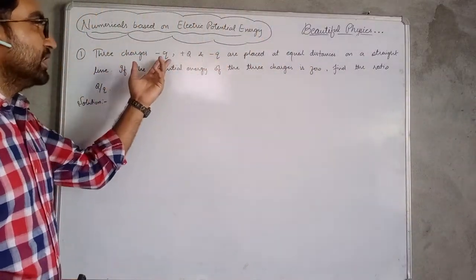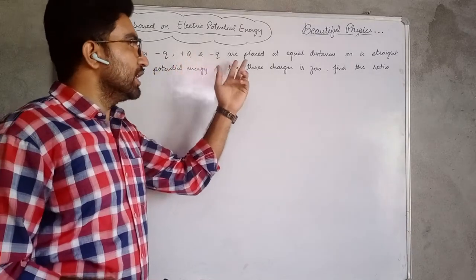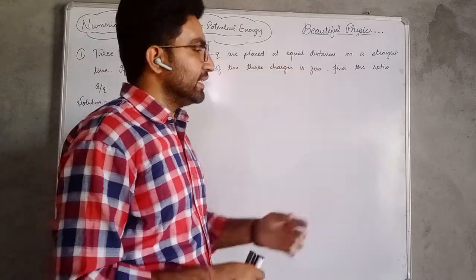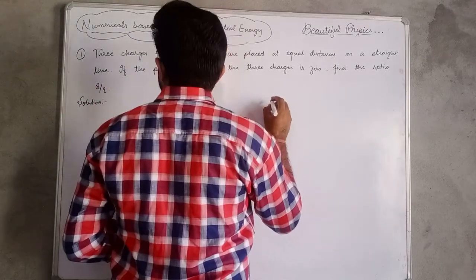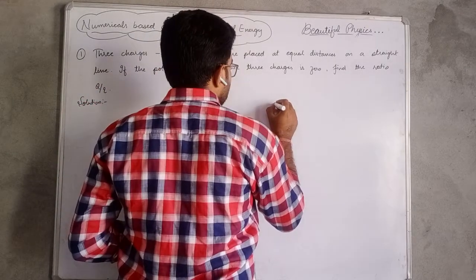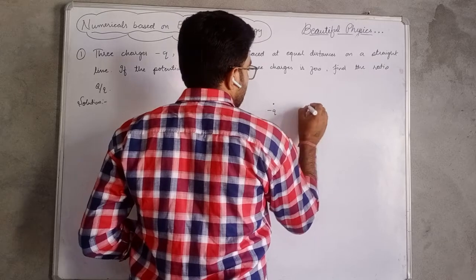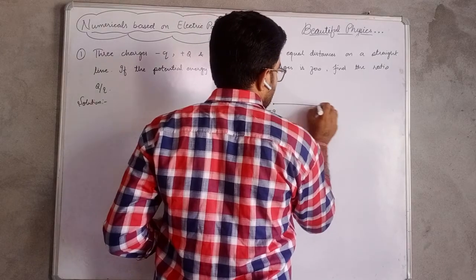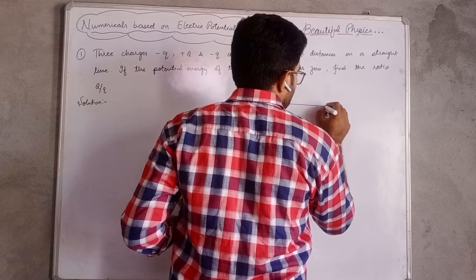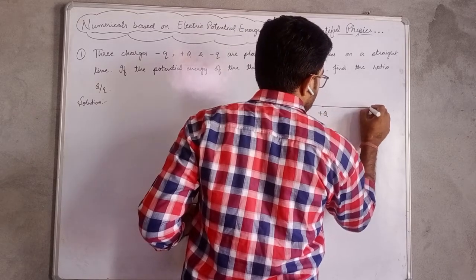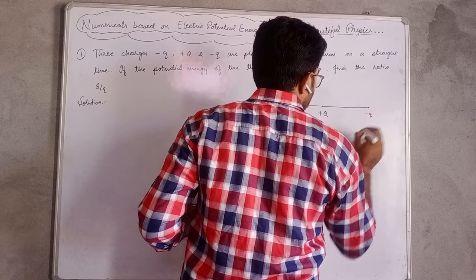Three charges minus q, plus q, and minus q are placed at equal distances in a straight line. Let's first take the diagram. Three charges we have: minus q, and next one is plus q, and next one is again minus q.